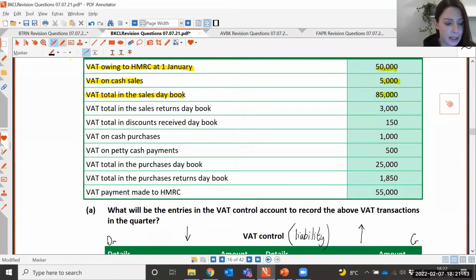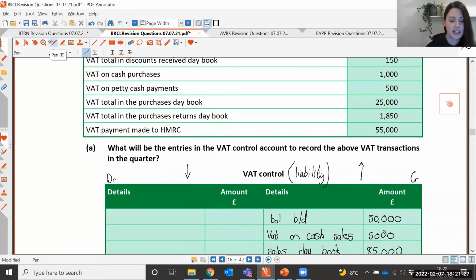Okay, so next we have the VAT total in the sales returns day book of £3,000. Yeah, so this would be a debit because it would reduce the liability because the customers returned the goods to us.